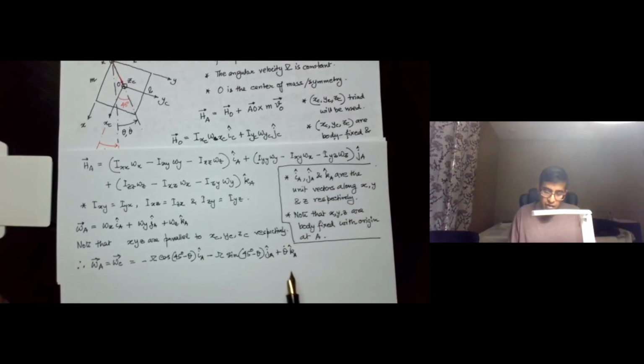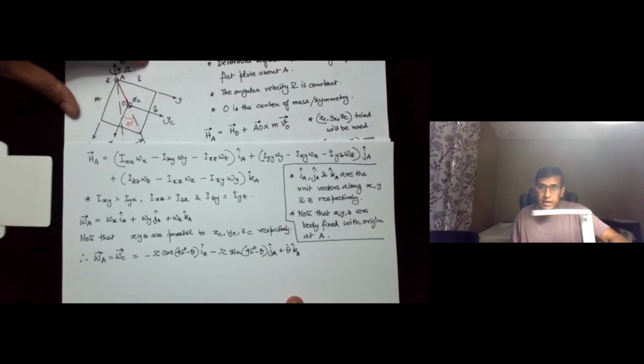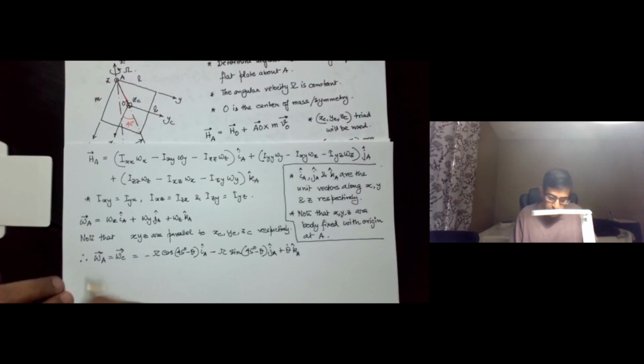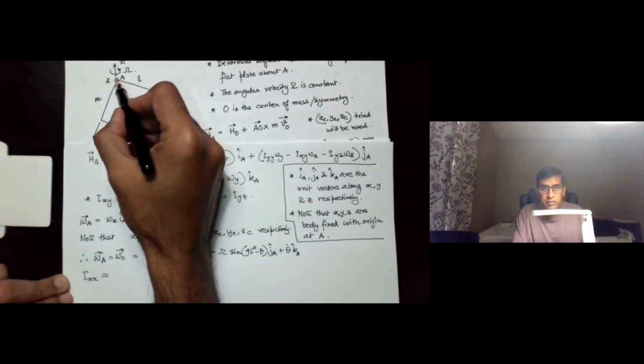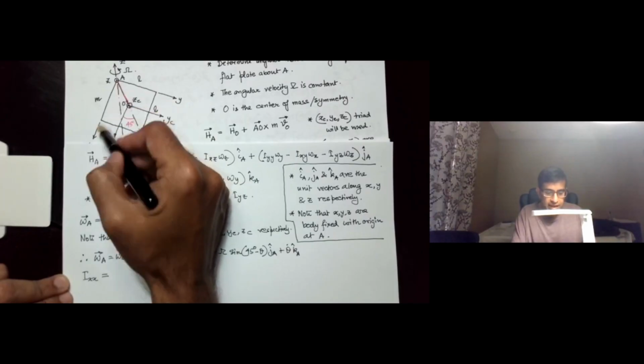Alright, so we have our angular velocity along the different directions. All we need to do is substitute them and use the proper moments of inertia. In order to get the right moments of inertia, we note that Ixx is the moment of inertia of this square plate about this x-axis.